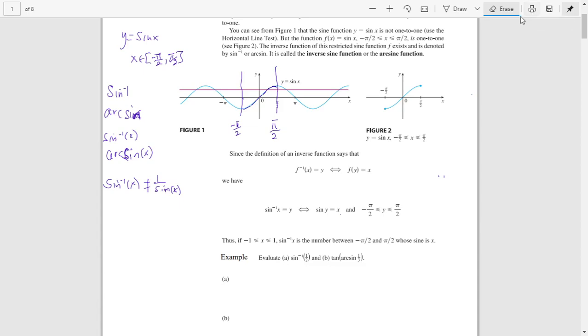With this in mind, we want to ask ourselves, since the domain is from negative pi over 2 to pi over 2, what will be the range? Well, notice that we say inverse sine of x is equal to y if and only if sine of y is equal to x. So my y is from negative pi over 2 to pi over 2. Sine of negative pi over 2 is equal to negative 1, and sine of pi over 2 is equal to 1.